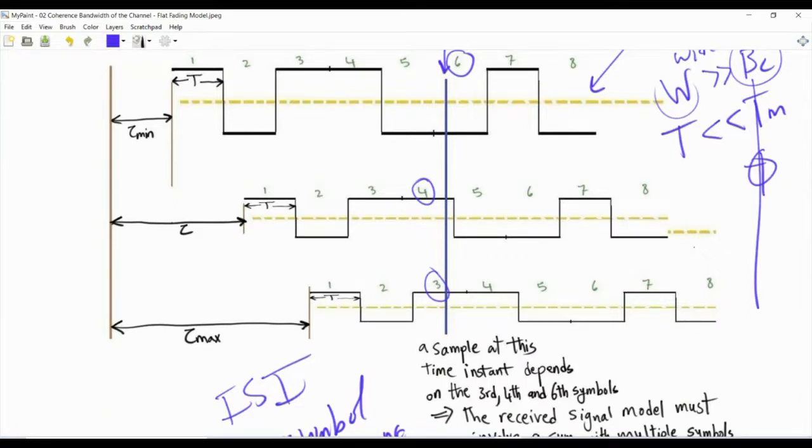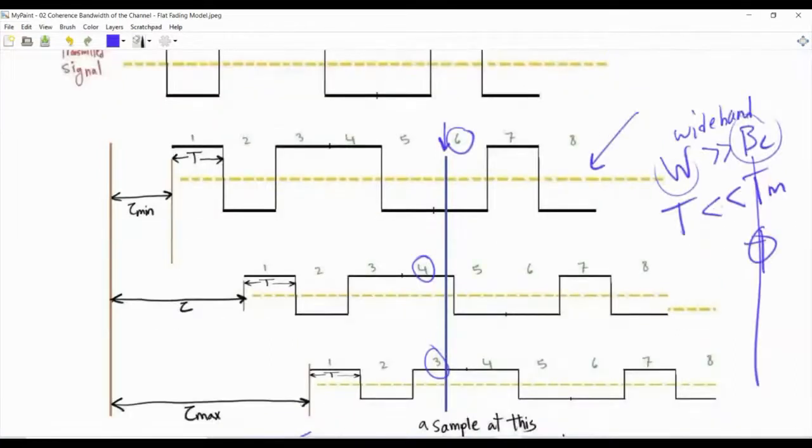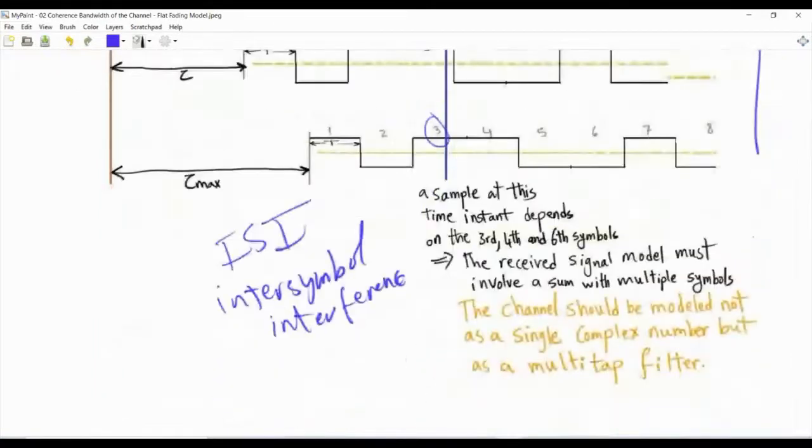You will have to write your received model as a sum over a number of symbols, and the number of symbols in your sum will increase with the delay spread relative to the symbol duration. Here the channel is actually modeled as a multi-tap filter, and you are convolving the sequence of transmitted signals with a non-trivial filter.